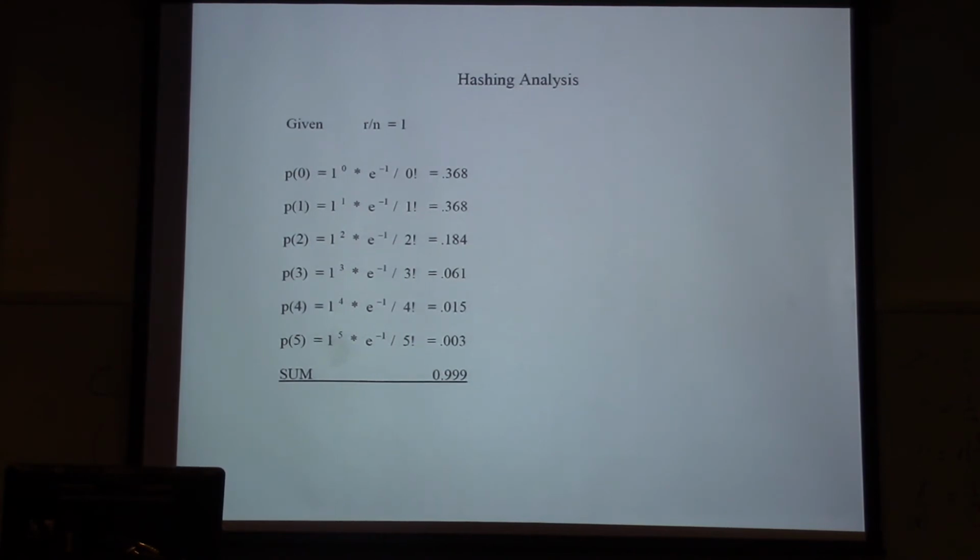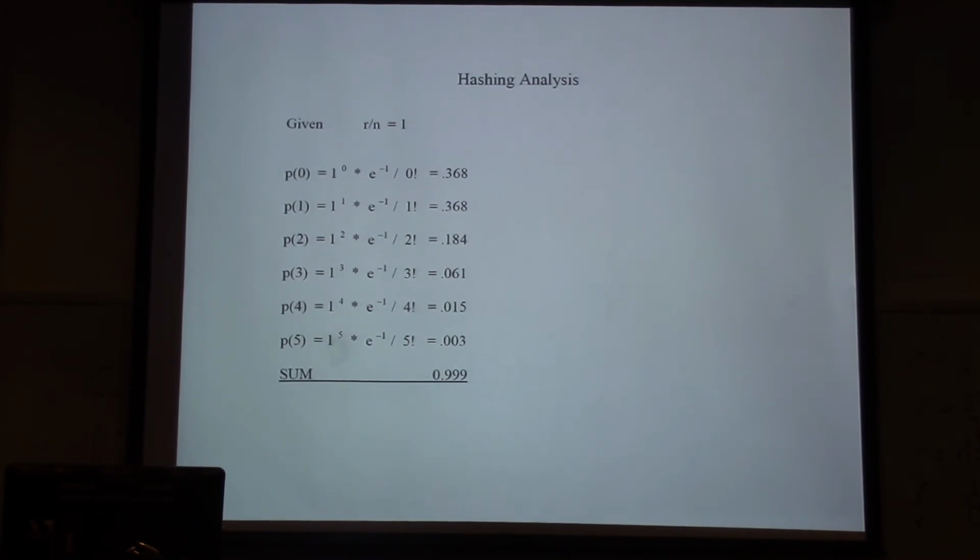So what that tells us is, now remember our assumption is p is 1 over n. Our assumption is that probability is 1 over n. So therefore, this tells us that even using the best possible assumptions and the best possible hashing function with unknown keys, the probability of zero records hashing to a particular slot is about 37%.